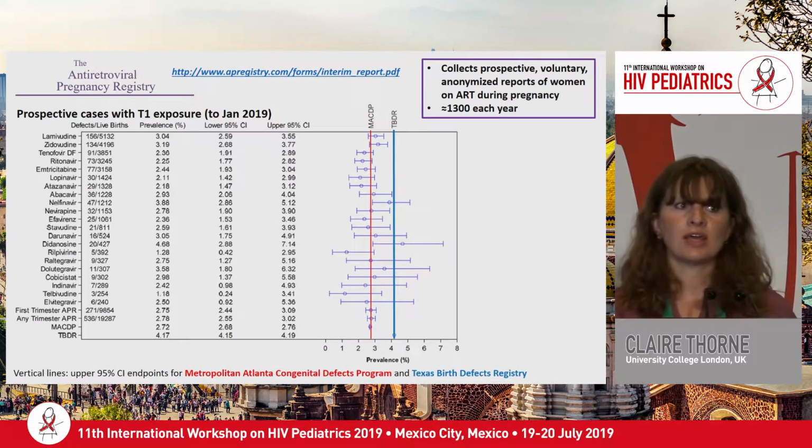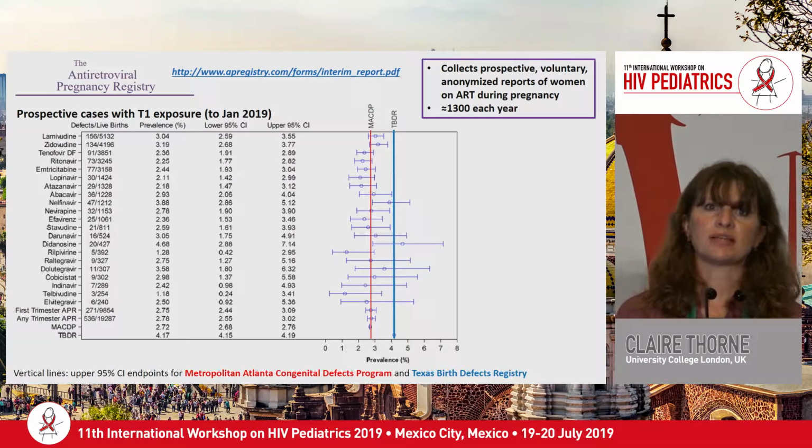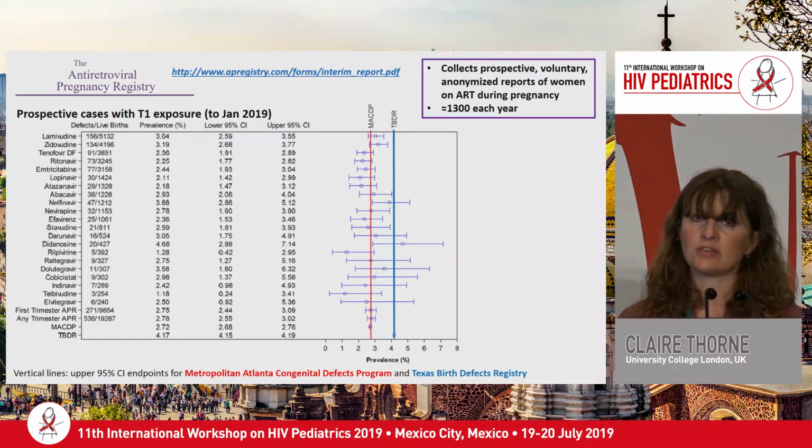So moving on to the antiretroviral pregnancy registry, this was set up in order to investigate whether there are any teratogenic risks associated with antiretrovirals in pregnancy. The figure here shows prospective cases with first trimester exposure.